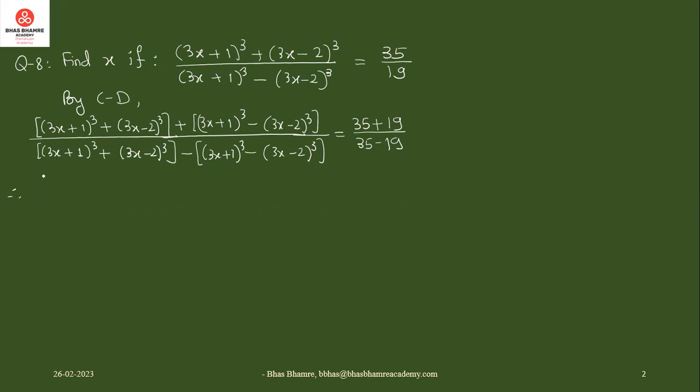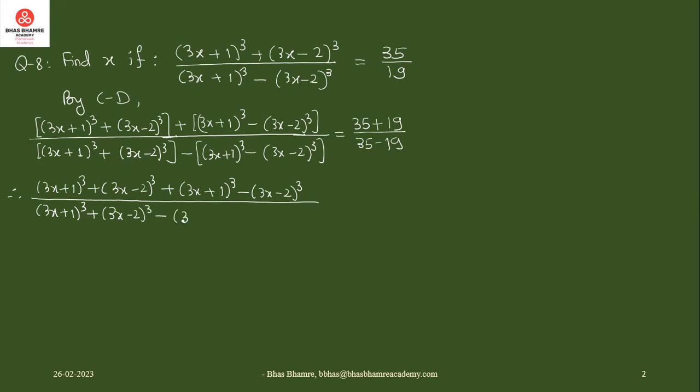We have there (3x plus 1) whole cube plus (3x minus 2) whole cube plus (3x plus 1) whole cube minus (3x minus 2) whole cube, totally upon (3x plus 1) whole cube plus (3x minus 2) whole cube minus (3x plus 1) whole cube plus (3x minus 2) whole cube, is equal to 54 upon 16.